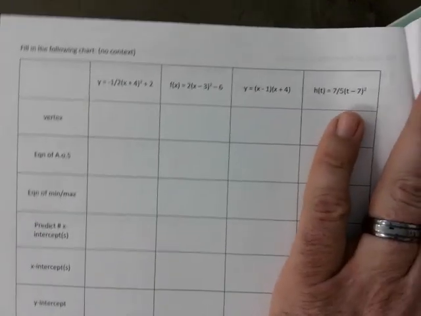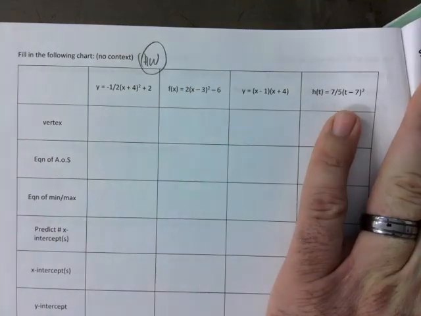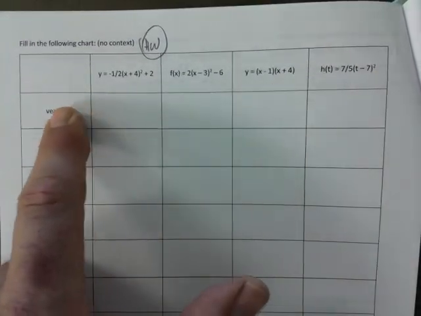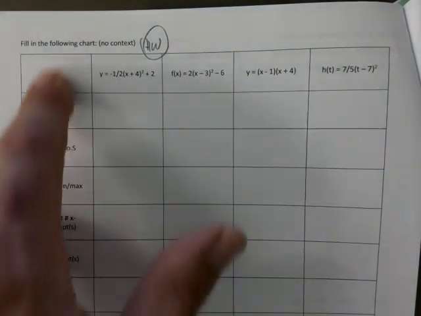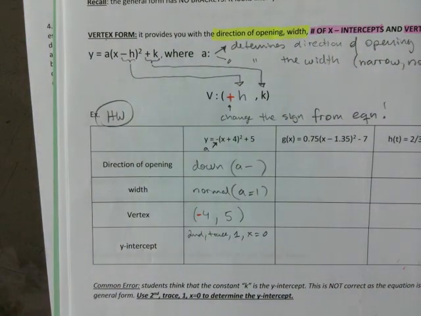What? You got to be kidding me, right? No, I'm not. I need you to be good at this. So there's a bunch of equations, different forms, and you fill in the characteristics of it, okay? Do as much as you can so we can continue with this tomorrow. Okay, guys? I will post the answer key.